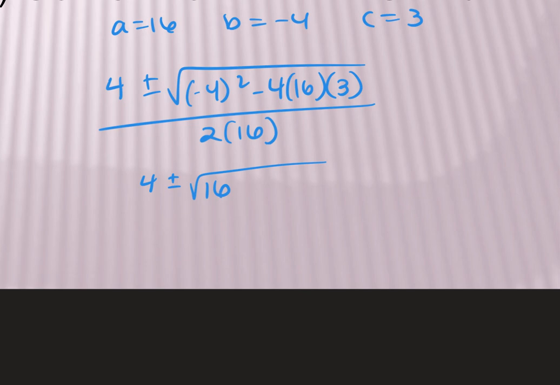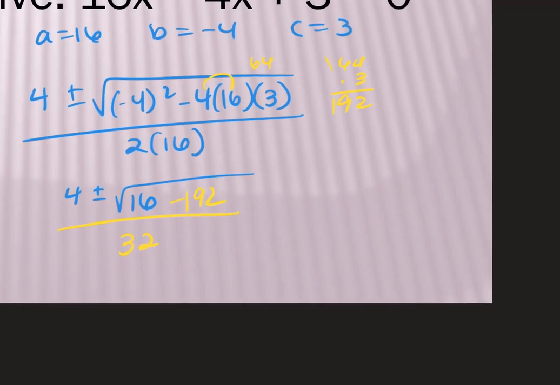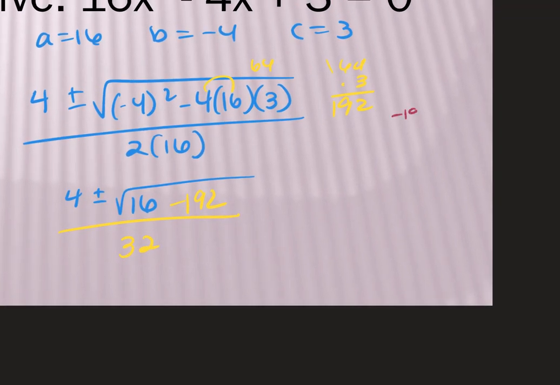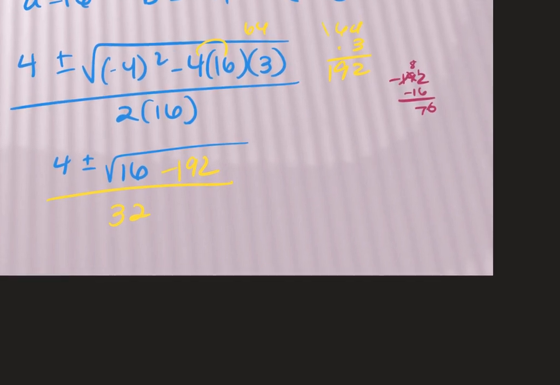I could do this in any order I want. 4 times 16 is 64. 64 times 3 is 192 over 32. 16 minus 192, so I would do 192 minus 16, 176, and it's negative. So 4 plus and minus the square root of negative 176 over 32.